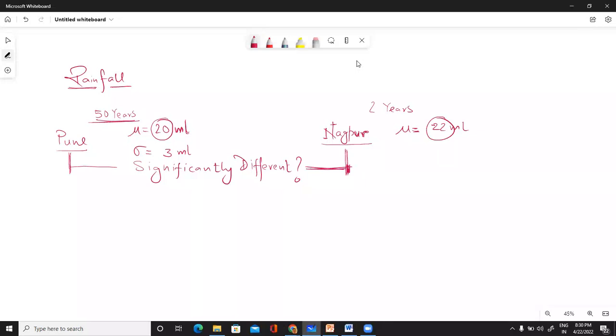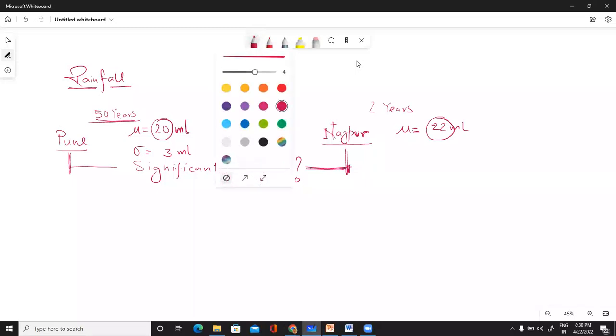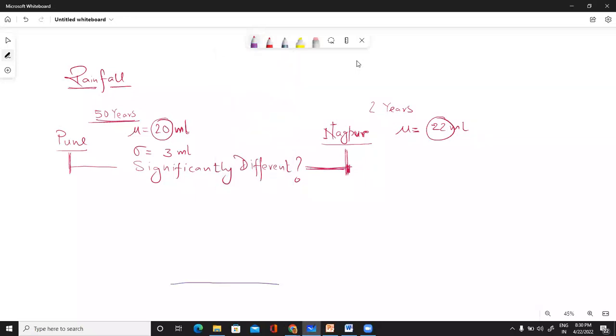Generally data is normally distributed, so in this case also, we assume that it is normally distributed. It is a normal distribution of data like this. Here is rainfall, and here is the frequency or probability.